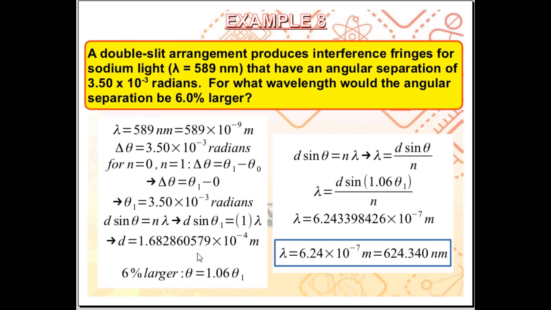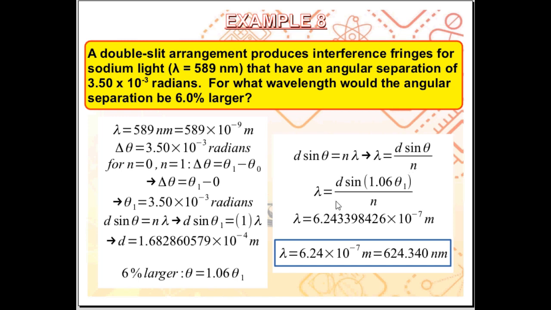But this time, the angular separation will be 6% larger. So theta now will be equal to 1.06 times theta 1, meaning theta is 6% larger than theta 1. If we now use d sine theta equals m lambda again, and this time isolate lambda, lambda is equal to d sine theta over m.